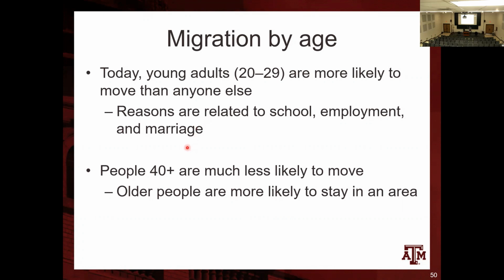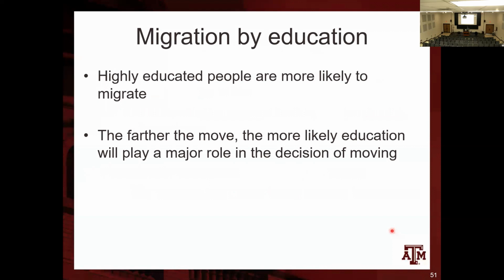So people between 20 and 29 years of age in the US are more likely to migrate, and people with at least 40 years of age are the ones less likely to move. Older people are more likely to stay in a specific area, right?